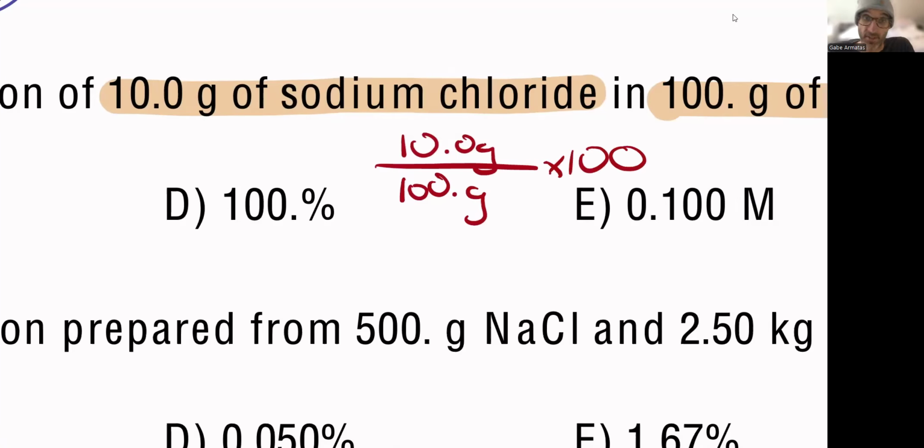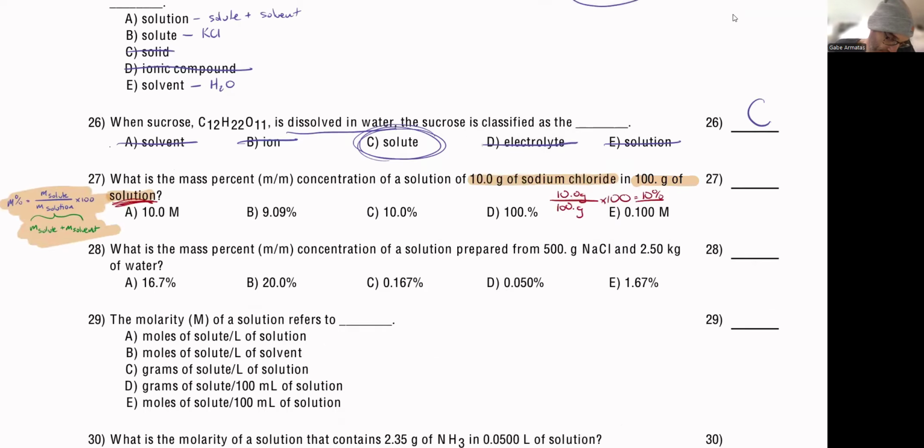So 10 divided by 100 times 100 is going to give you 10% by mass. So 10% by mass, that is incorrect, although it's 10, but it says molarity. 9%, it is a percentage, but it's not 10%. So C looks to be the answer. Let's just check the rest. 100%, nope. And that is also molarity.